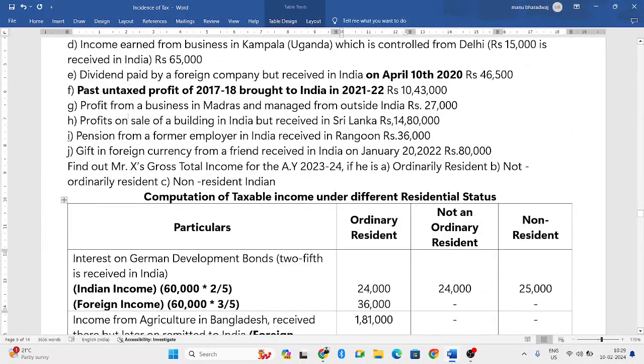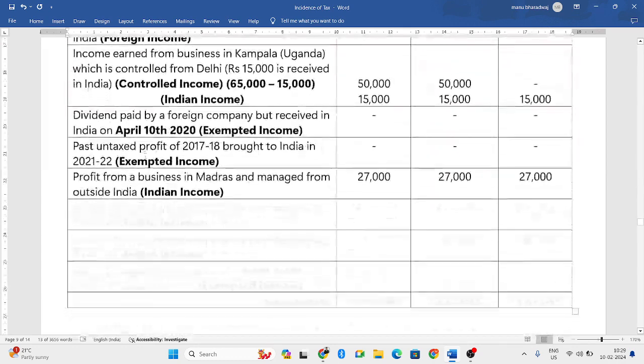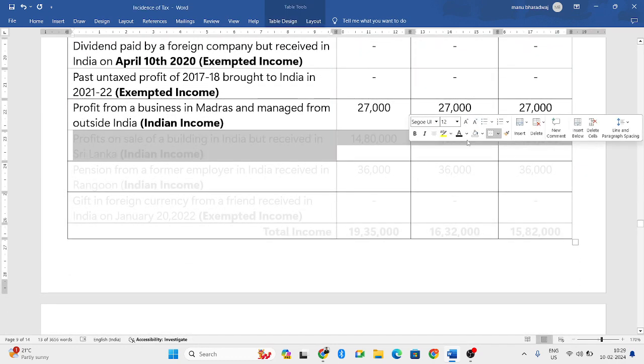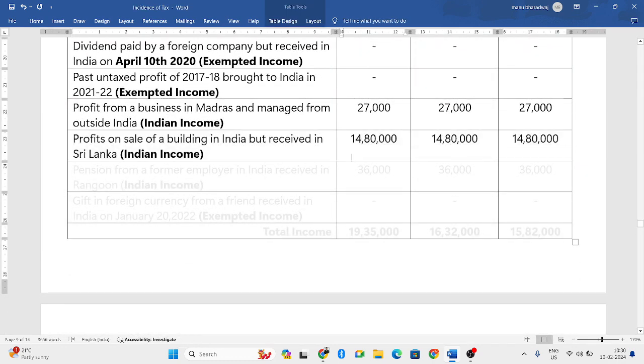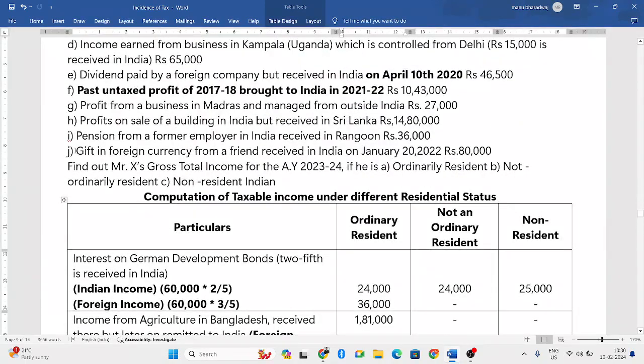Next. Profits on sale of building in India but received in Sri Lanka. So the arising aspect is in India, the receiving aspect is in Sri Lanka. If the arising aspect is in India, then straight away we can consider it as Indian income. As it is an Indian income, all three will be taxed. Next. Pension from a former employer in India received in Rangoon.